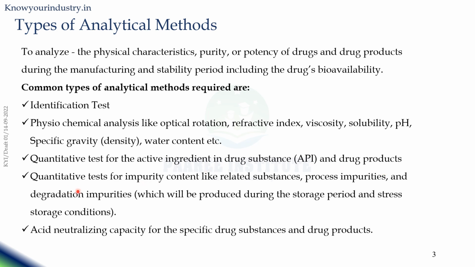Then quantitative test for the impurity content like related substances, process impurities, and degradation impurities during the stability. And then also analyzing the acid neutralizing capacity for the specific drug substances and drug products.